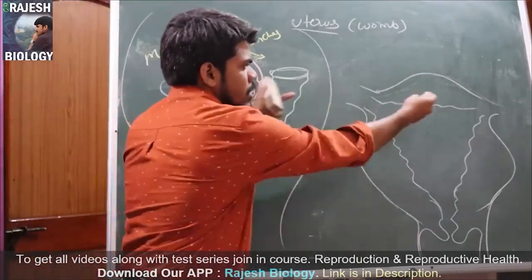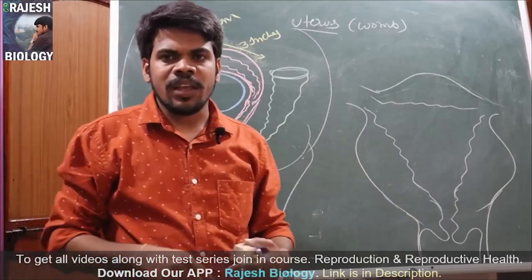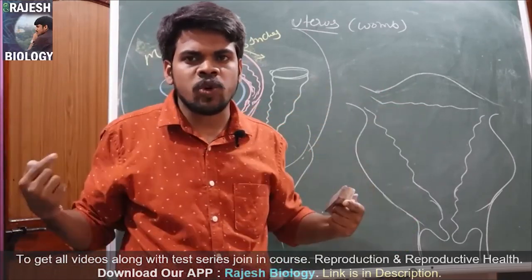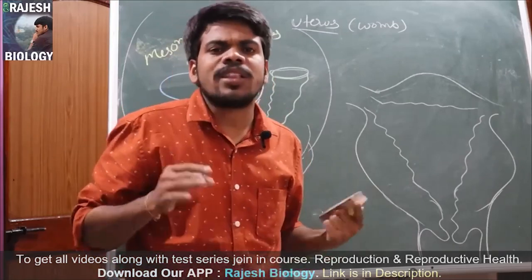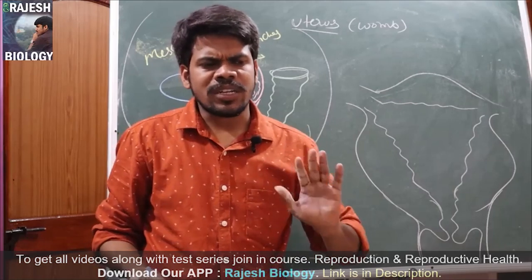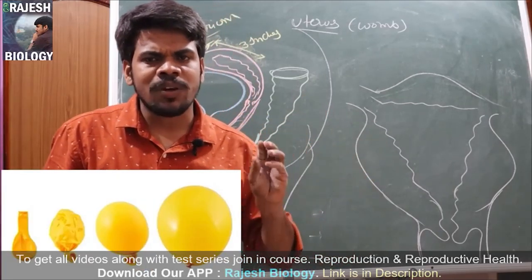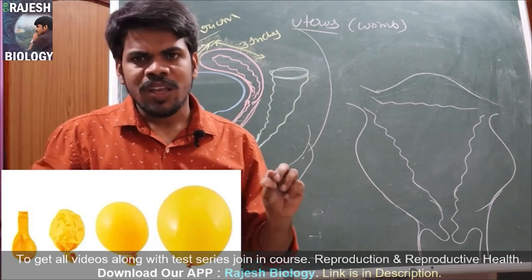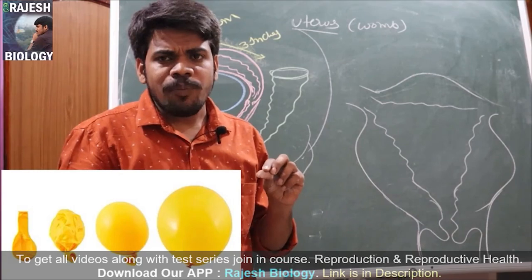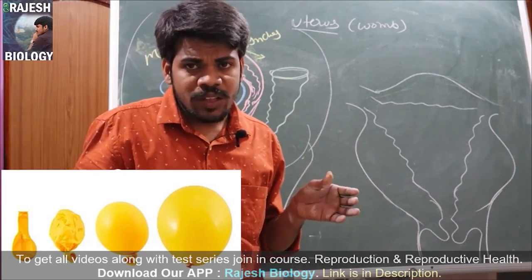Of course, both sides of the uterus there are fallopian tubes like this, like a balloon. If the balloon has horns, those horns are the fallopian tubes, and the middle balloon is the uterus. It is the best example for the uterus. Just imagine there is a balloon, and its size and shape are very small. If we send some amount of air into that, what happens? That balloon size increases depending upon the amount of air.